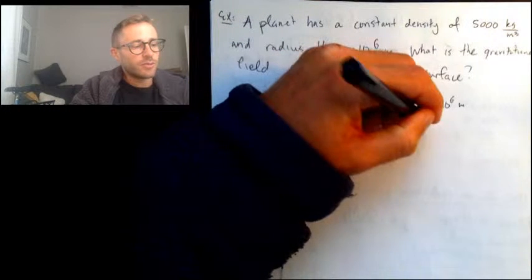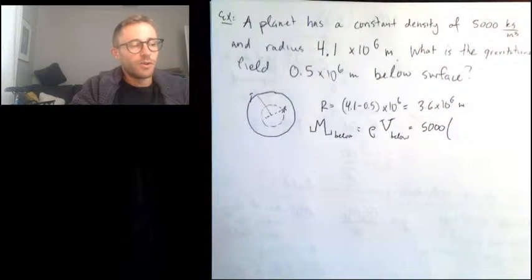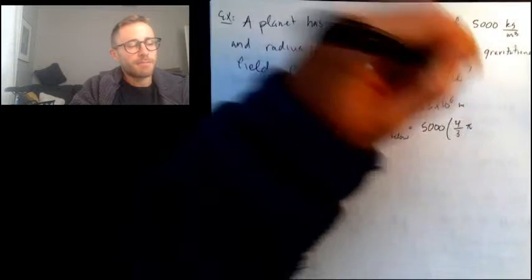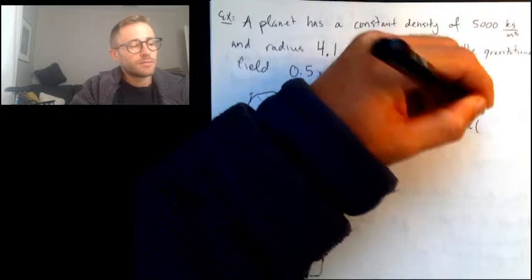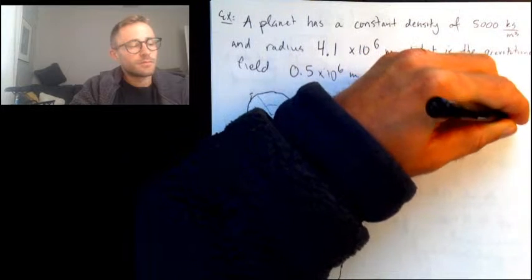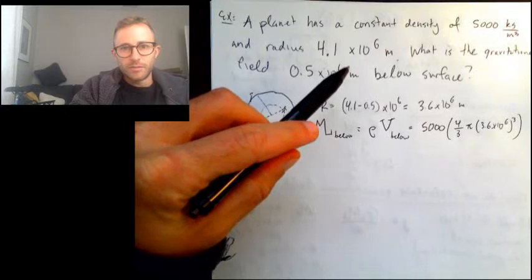That's going to be 5,000 times the volume of a sphere, which is 4/3 pi r cubed. Notice how I am not using the full radius of the planet.